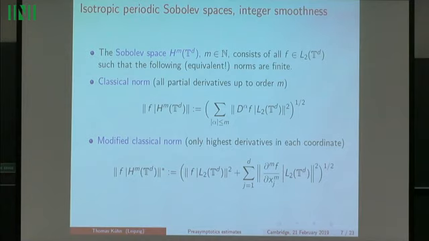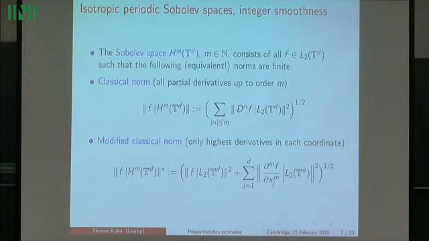So, as I said, these problems are very sensitive with respect to change of the norm, so I have to fix the norms. So on the Sobolev space, the classical isotropic Sobolev space of integer smoothness m, there are two more or less classical norms. The first one is working with all partial derivatives up to order m. So you take all these partial derivatives, L2 norm of this, and sum this up in the L2 sense. So this is the original norm, let's say.